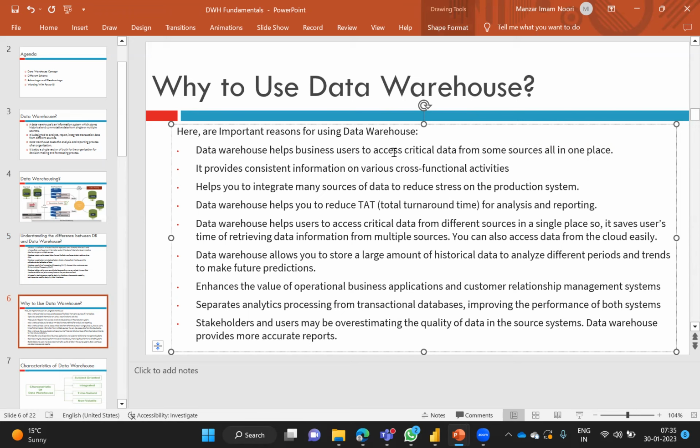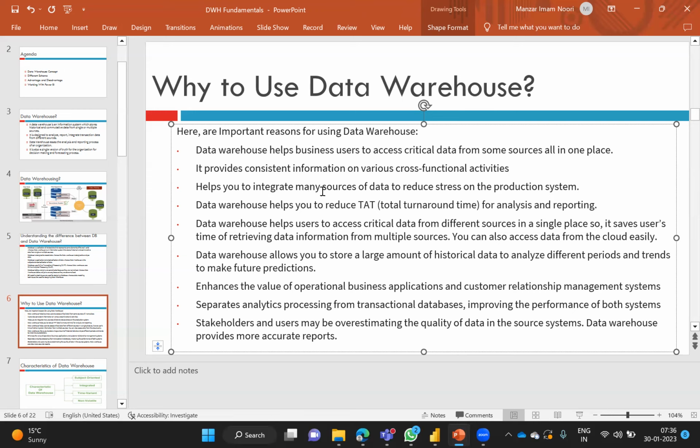They can access all the data from one place only. That is one of the benefits. Here we also have consistent information on various cross-functional activities. Information is getting into one place from all the different places, so we will be able to use that consistent data. Consistent data in the sense that it should be the same as whatever is in the different applications. So the same data should also be available in the warehouse, right?